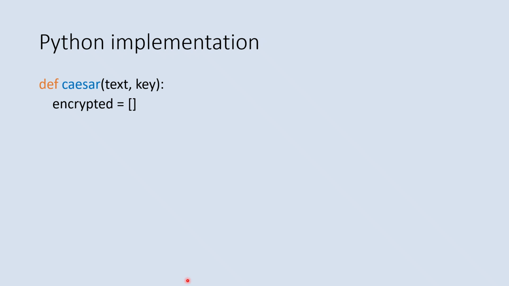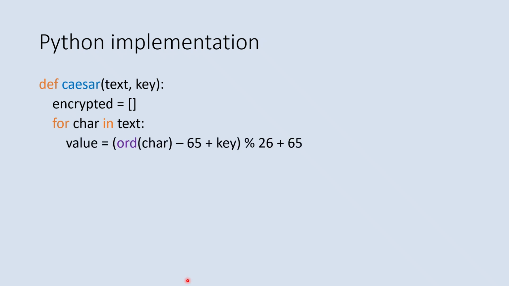Our text is going to be turned into a list of numbers. We're going to look at each character in the text, one character at a time, because that's the way this numerical conversion works, and we're going to get its value. Okay, so now we need to look at what's happening here.